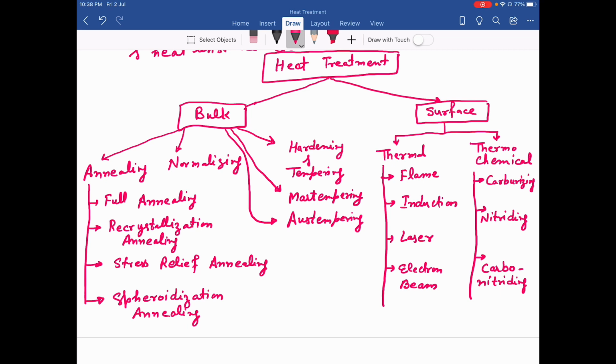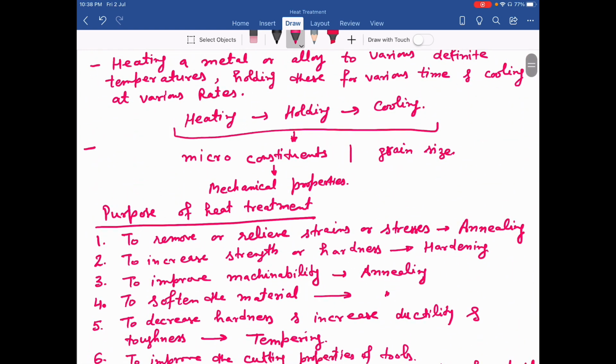Now, as we seen earlier, the heat treatment deals with heating. Okay, so heating at certain temperature and then holding that material at that certain temperature.